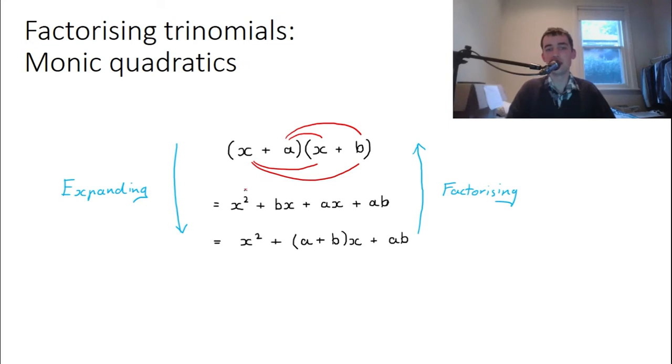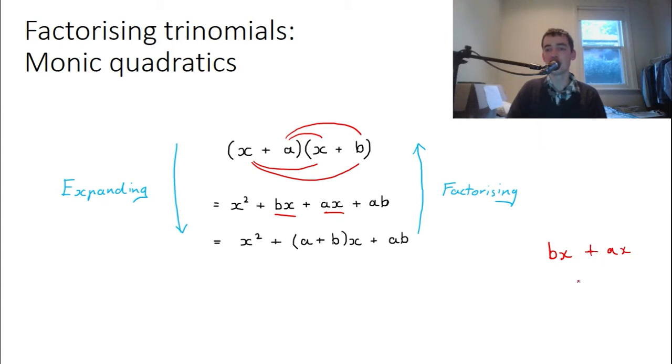You get x squared, x times x, plus bx, the outside ones, plus ax, the inside ones, plus ab, which is the last ones. And you can take these two and group those. It's kind of like factorizing, really. Bx plus ax.